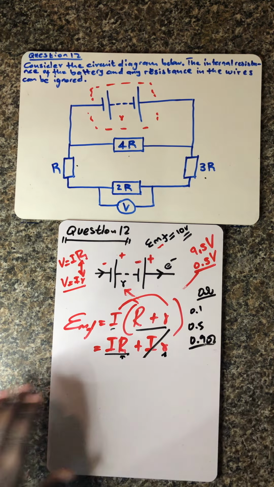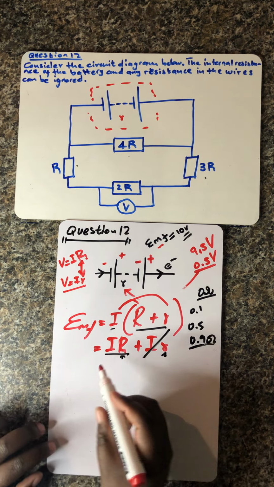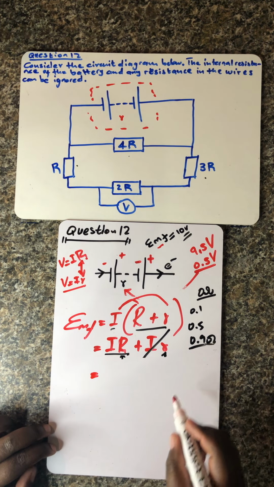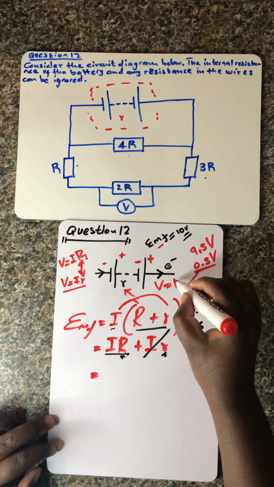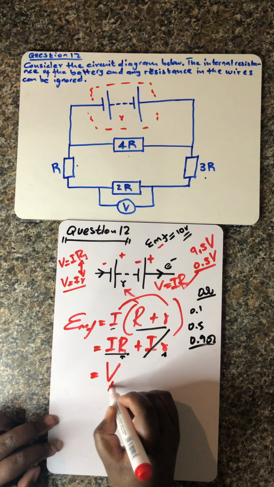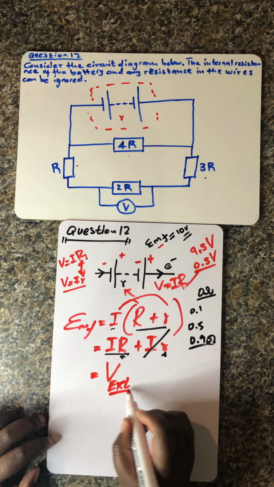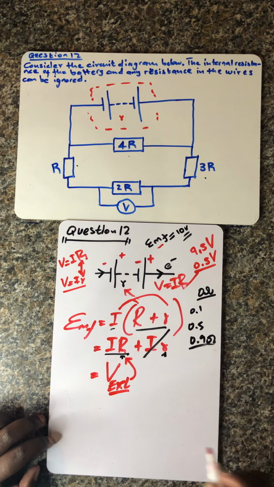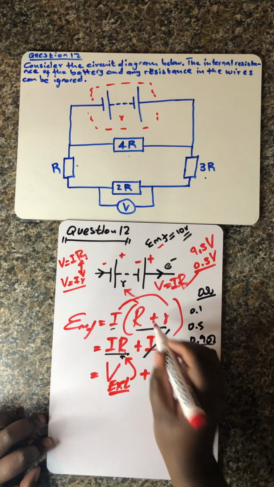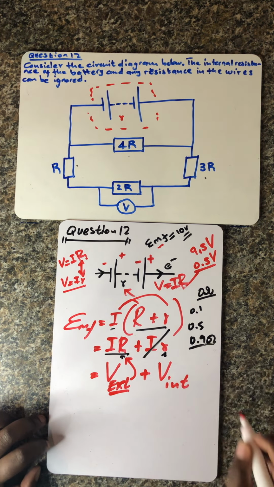It doesn't end here. I can just go on with this formula to say, remember, this is V. You remember the formula V equals IR. That's why they say this is V external. What makes it V external is that capital letter R. This is added to V internal, ladies and gentlemen.